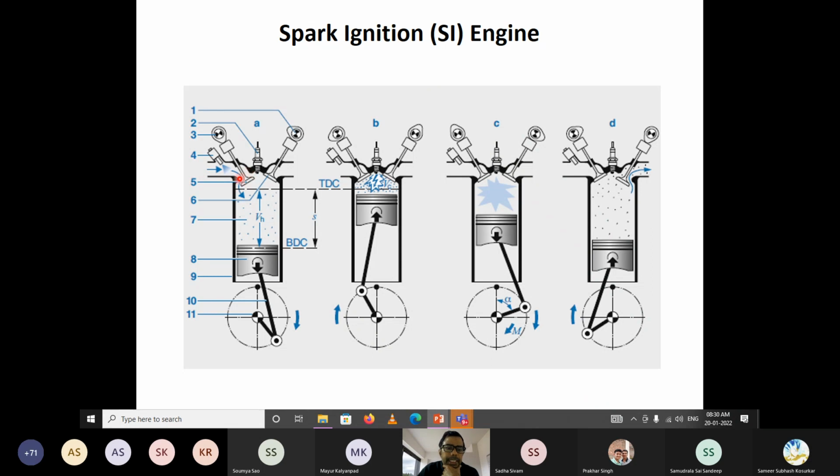Up to the intake valve we call it the intake manifold, and similarly the pipeline through which the exhaust goes out from the combustion chamber to the atmosphere is called the exhaust manifold.